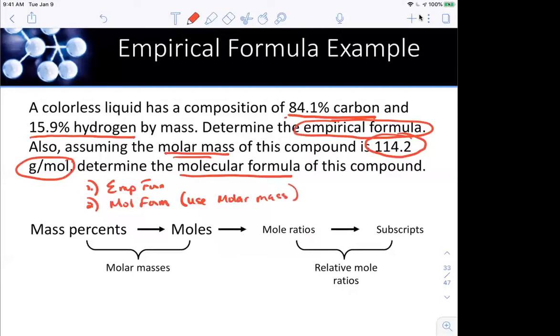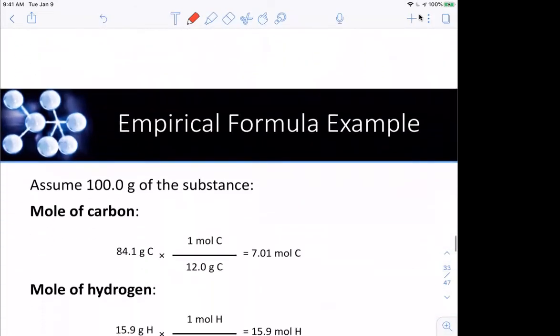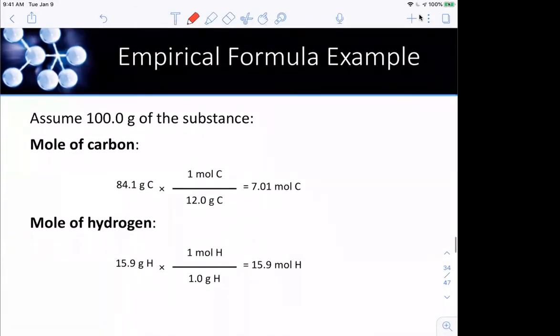So my strategy from before is to convert the mass percents into moles. I use the molar mass of those particular elements. And then I get mole ratios. And those mole ratios can then be transformed into the subscripts of the formula. So let's go through those steps.